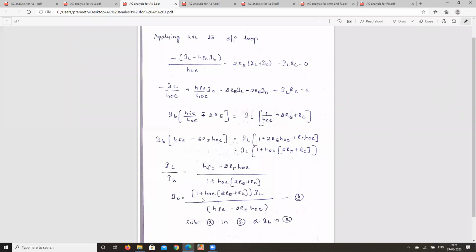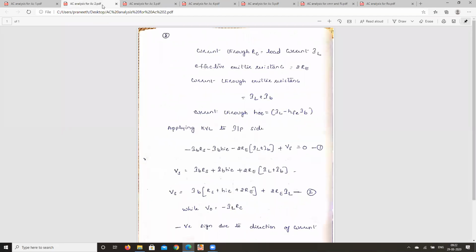Now after getting IB, the next step is to substitute this IB in the expression. So far we have got Vs equals IB into (Rs plus Hie plus 2Re) plus 2Re into IL. We got this expression previously, isn't it?